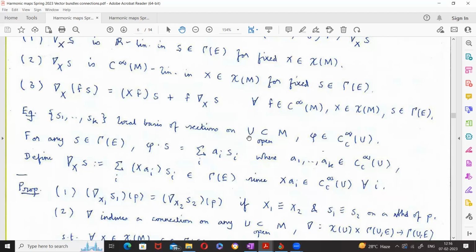And then on each chart we can define such a connection, and then it's easy to see that linear combinations of connections are connections. So using a partition of unity, we can add together these connections to get a connection on the whole manifold. Yeah. So that will give you existence of connections.